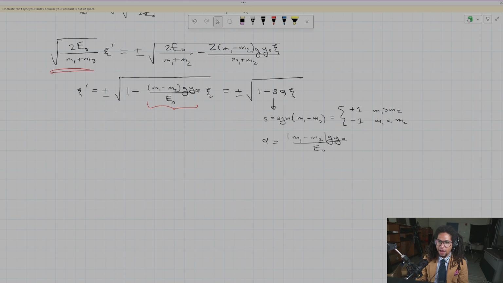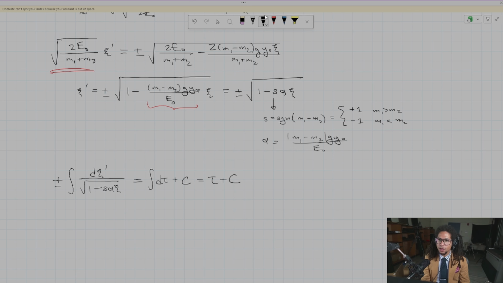Okay, now I have a diffy Q that I can solve, and it's the same kind. It's an autonomous first-order equation, so it's separable. All right, I'm going to get a very similar kind of structure to what I had in the last case. So I get dc over the square root of 1 minus s alpha c is equal to the integral of d tau plus a constant, which is equal to tau plus a constant.